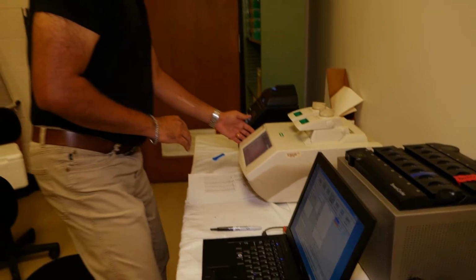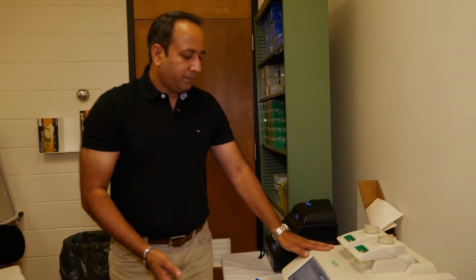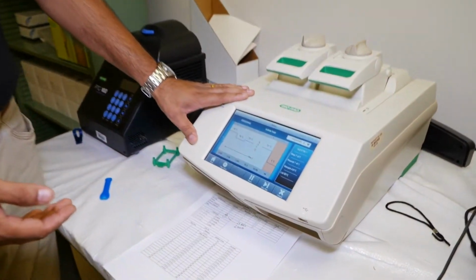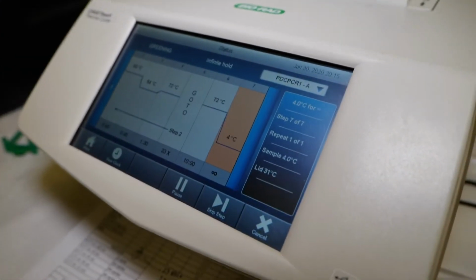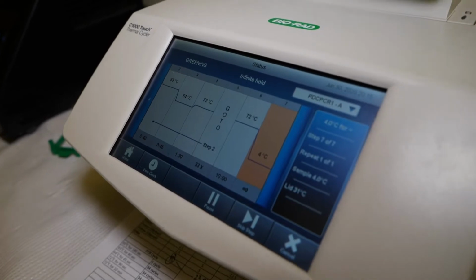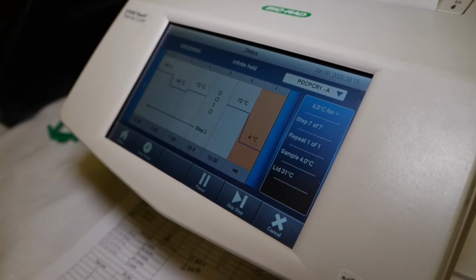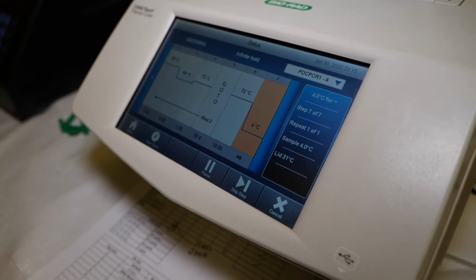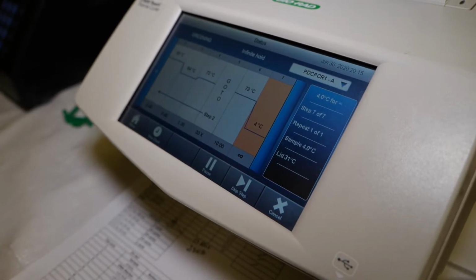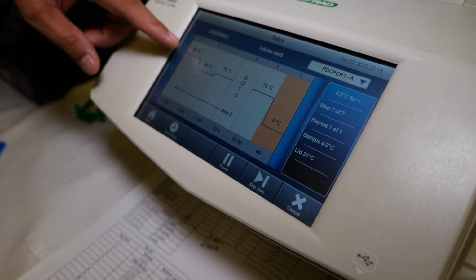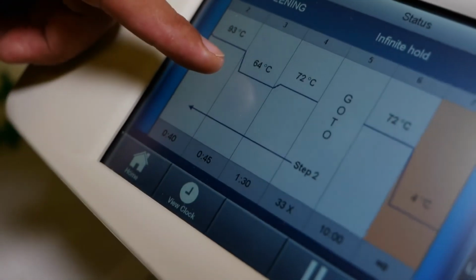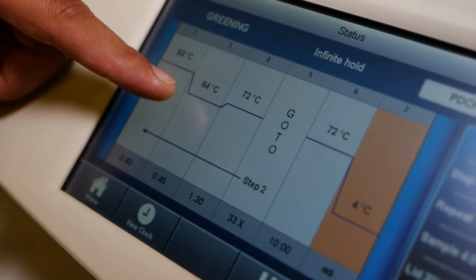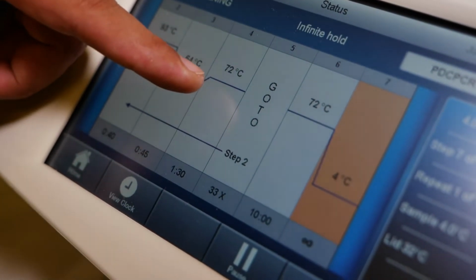So we are still running a conventional PCR here. In this case, there are 3 different steps that it will run for, I would say, 40 cycles, and each cycle has 3 steps in it. You can see it goes to 93 degrees Celsius, and then it comes down to 64 and then 72.